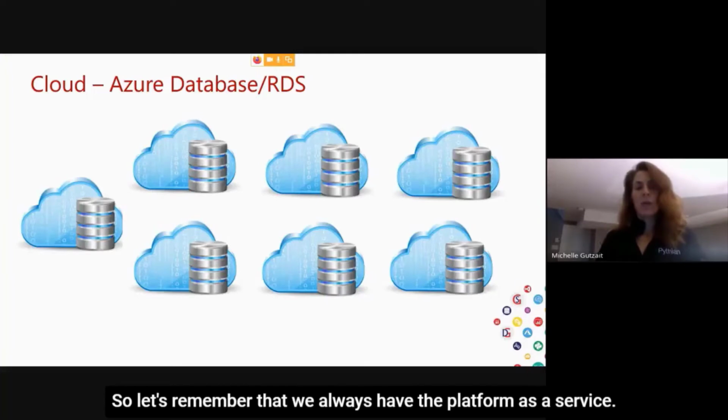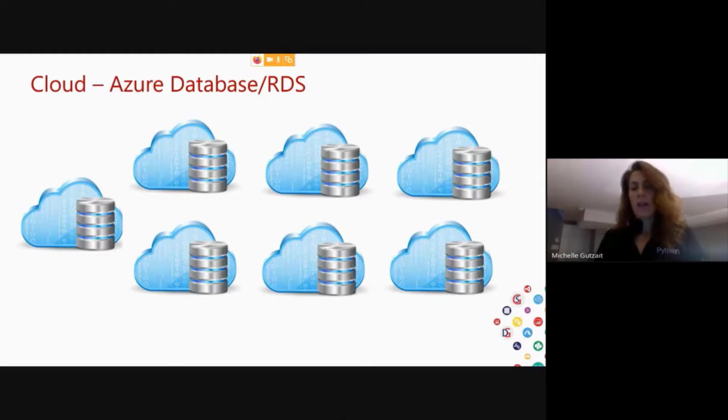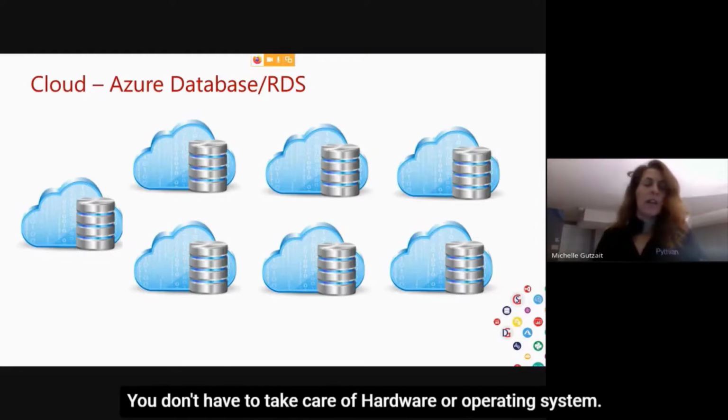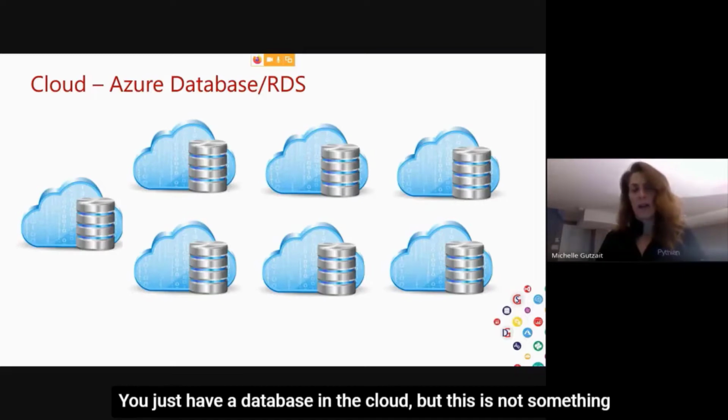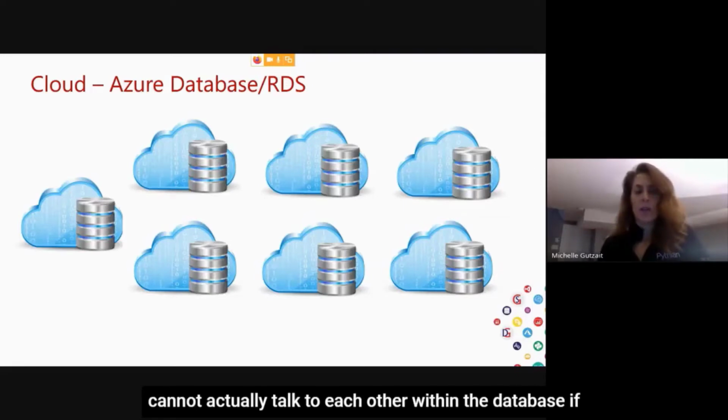So let's remember that we always have the platform as a service, so Azure Database or RDS on Amazon. So this is just a database in the cloud. Basically, you don't have to take care of hardware or operating system. You just have a database in the cloud. But this is not something that is feasible with every environment because those databases cannot actually talk to each other within the database.